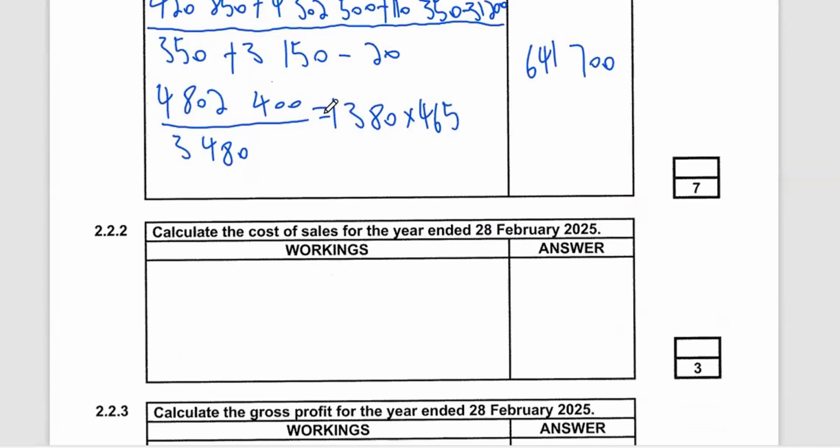So we have our total units, which is 4,802,400 minus our closing stock of 641,700 that you have calculated. Then we get our answer, which is 4,160,700.